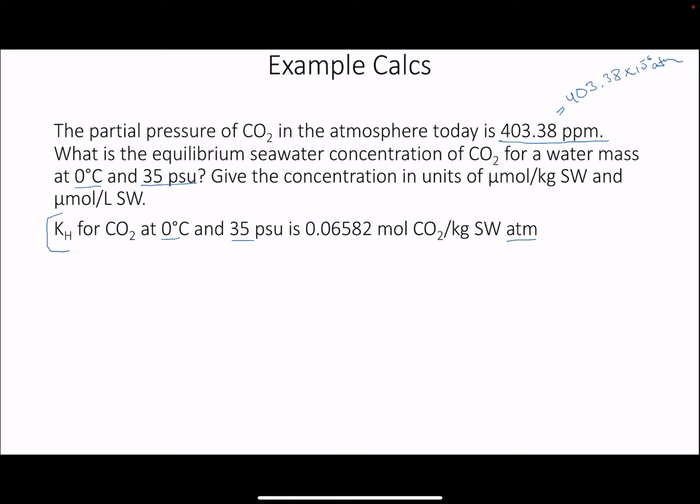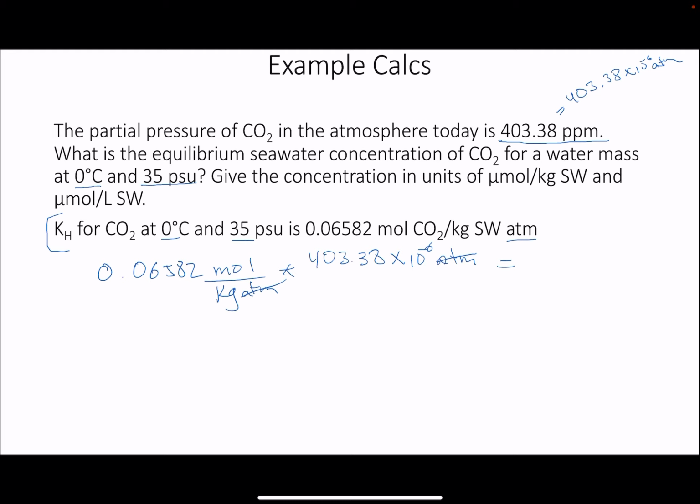Okay? So if you multiply 0.06582 moles per kilogram atmospheres times 403.38 times 10 to the minus 6 atmospheres, you can cancel the atmospheres, so your answer is going to be in moles per kilogram.